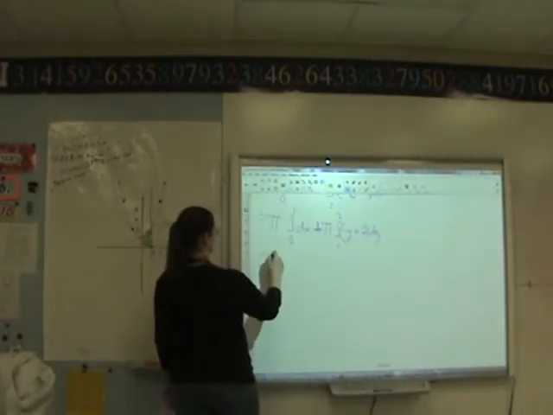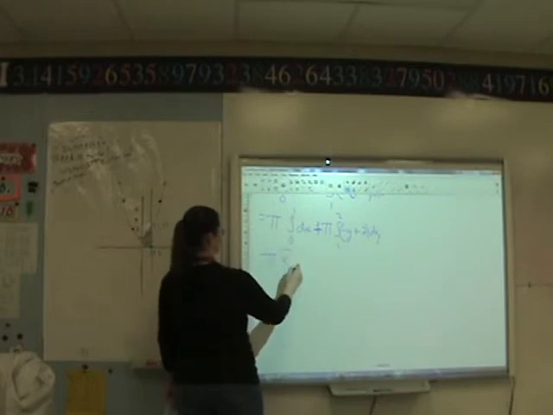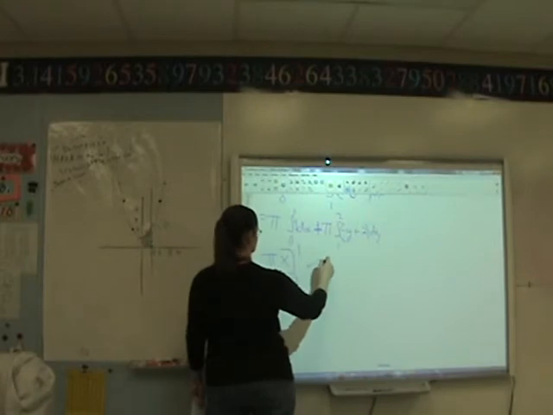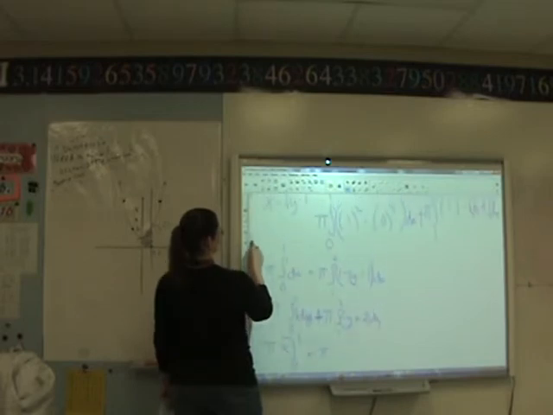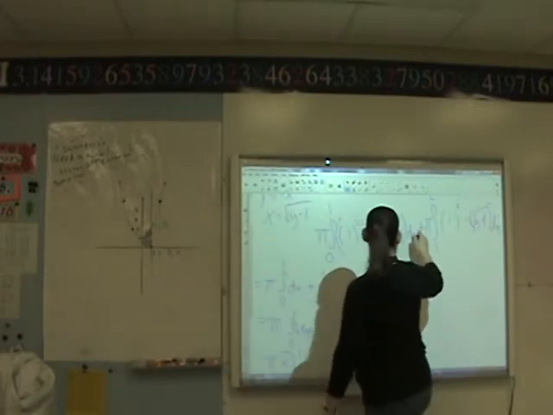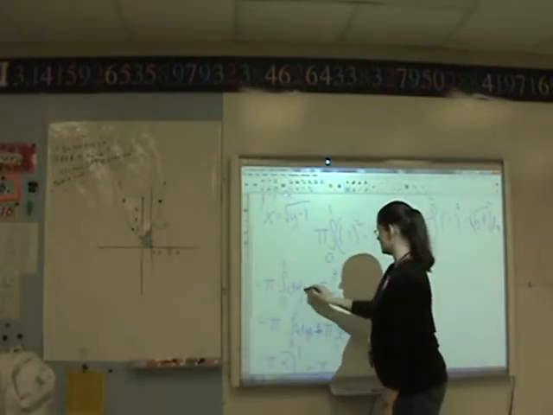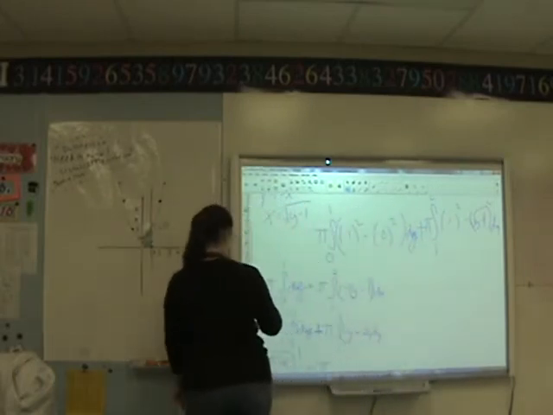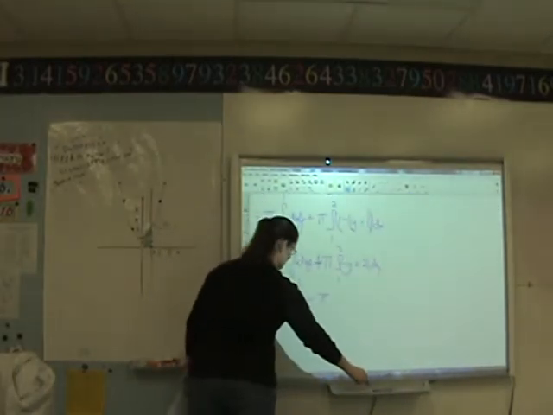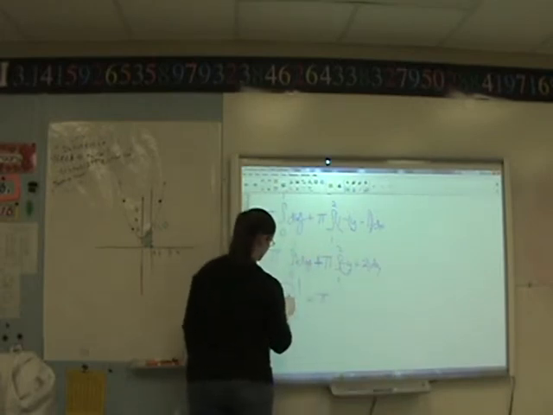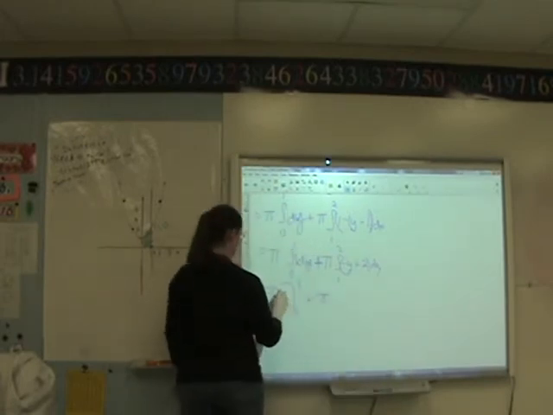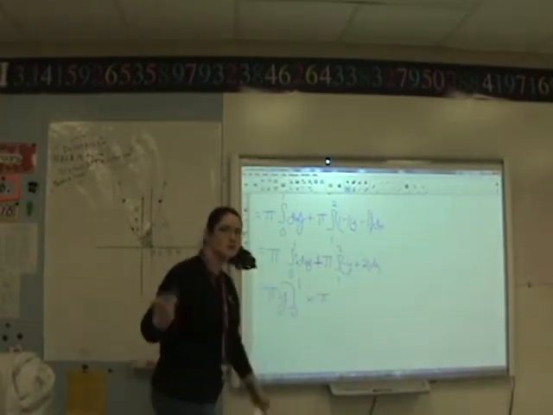So this would be pi x from 0 to 1, since I'm integrating a 1, plus pi, not x. Why did I put dx? It's dy, we're going on the y-axis. So I won't have pi x, I'll have pi times y. Sorry.